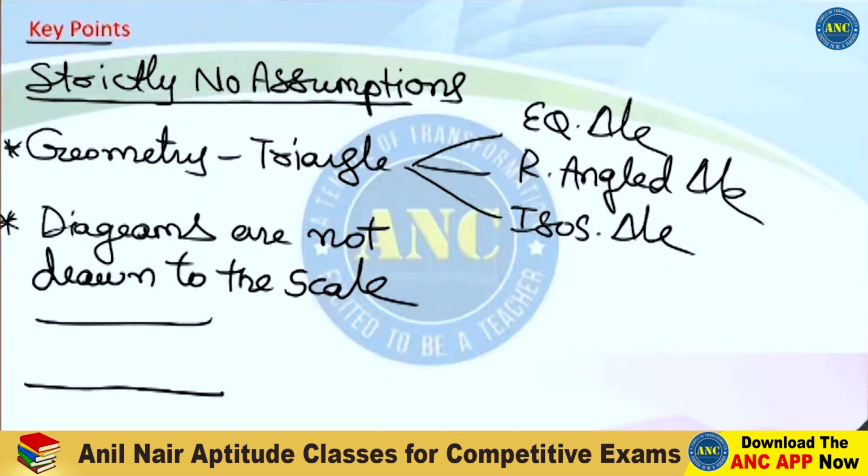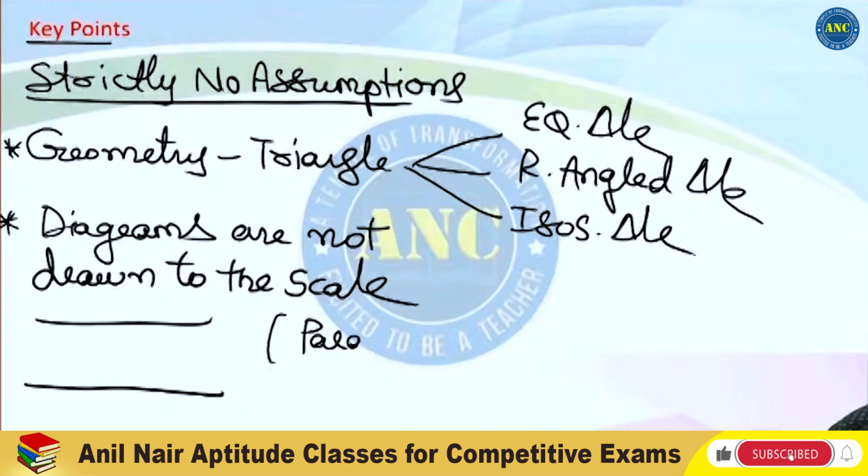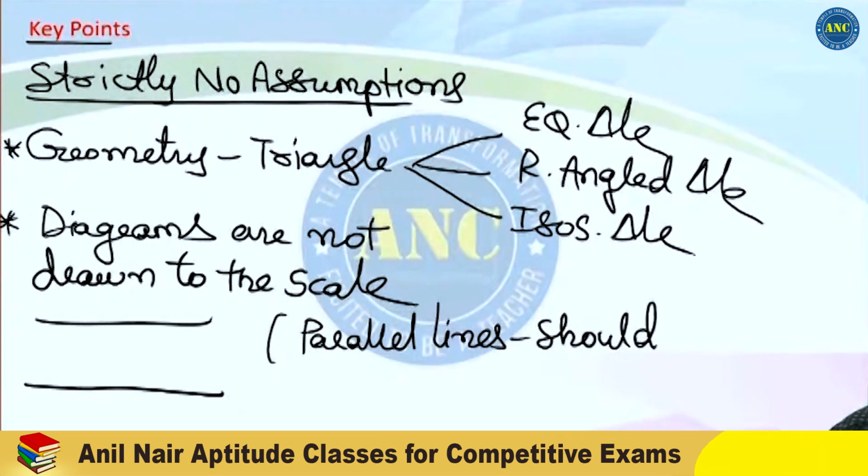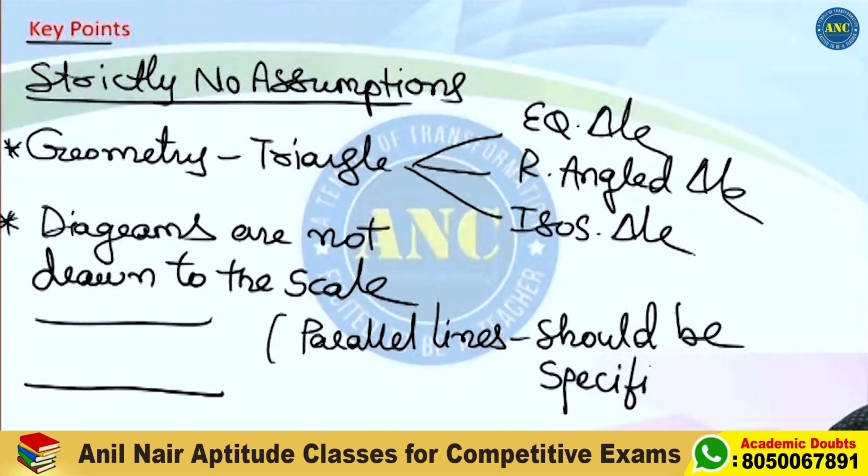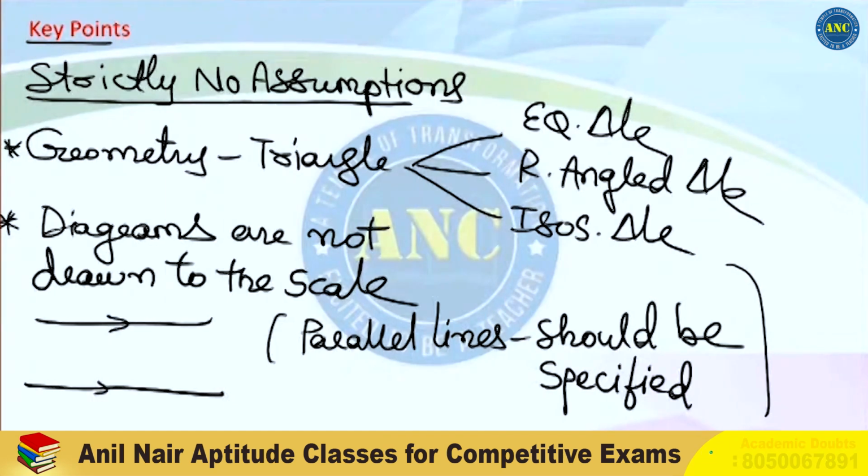Even though they look to be parallel, it should be specified. Are you all with me? Parallel lines should be specified. If it is not mentioned, then we will not take them as parallel lines.